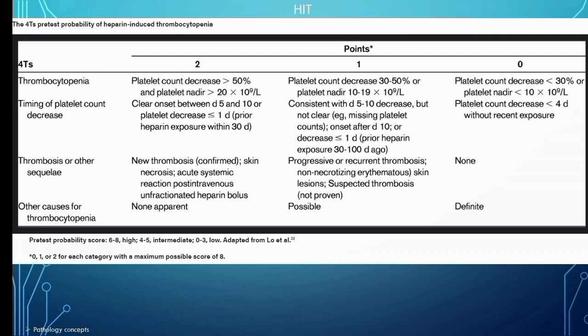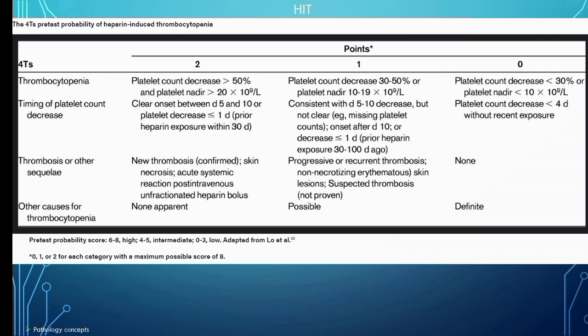Although the test requires time, the clinical scoring system for HIT is known as 4Ts, which includes thrombocytopenia, thrombosis, timing, and other causes of thrombocytopenia, and is used for the management of the patient. This picture is showing the scoring system of HIT. If the score is between 6 to 8, then there are high chances of HIT.